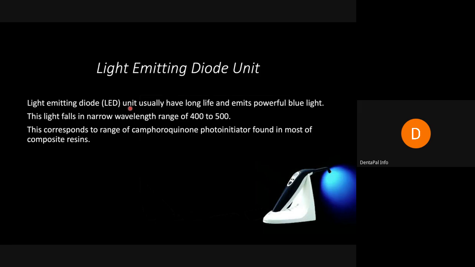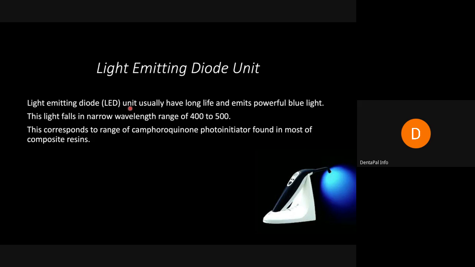After the history of halogen and the quartz lights, the dentists started to work with light emitting diode units, which are called LED units. Why? Because this light has a long lifetime.